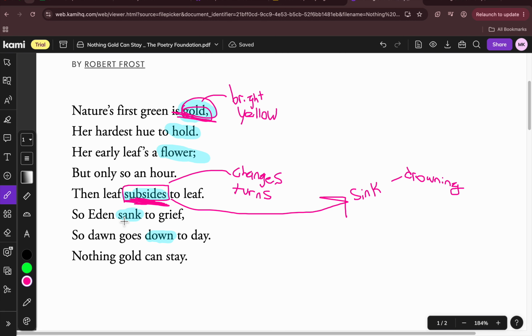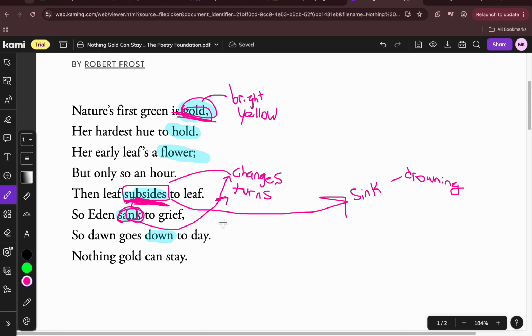And then if we go further on, even that word sank. Sank fits in with subside, so I like that. It's paired there. It says, so Eden sank to grief. Why not say, once again, why not say Eden turned, Eden changed to grief? Why not say they fell into grief instead of it's a sinking? Kind of reminds me of quicksand.